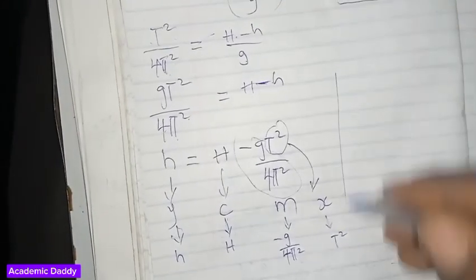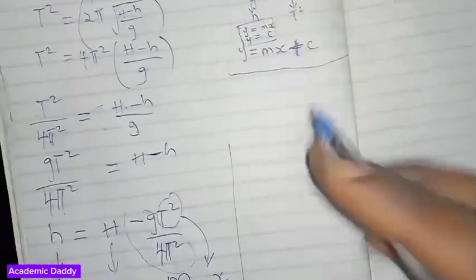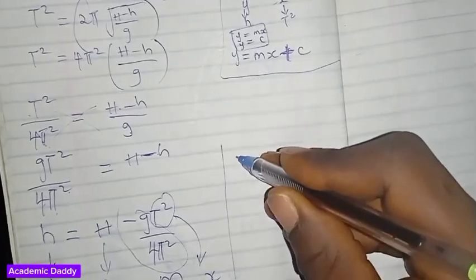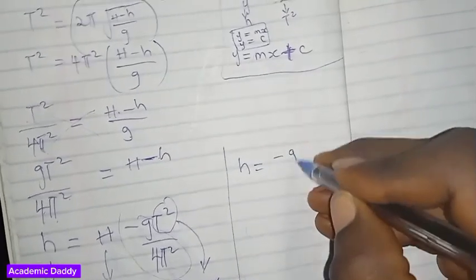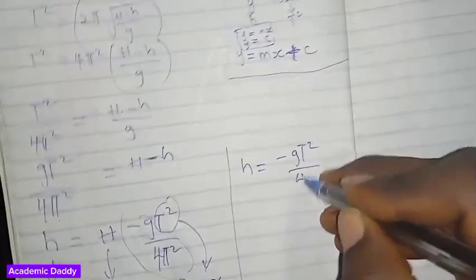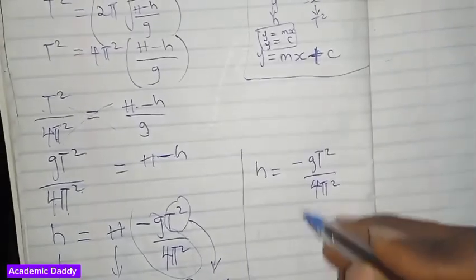So to get my slope, I bring this out, which means h equals minus g t squared over 4 pi squared.